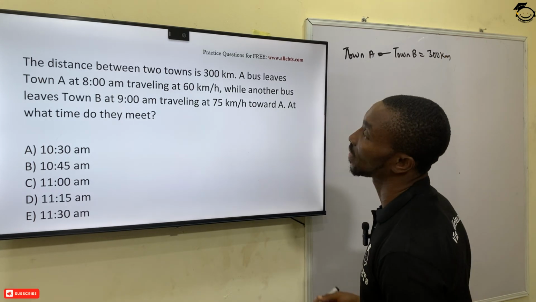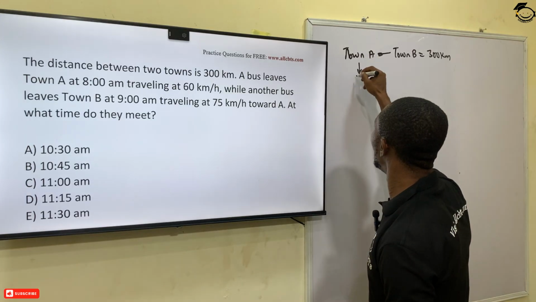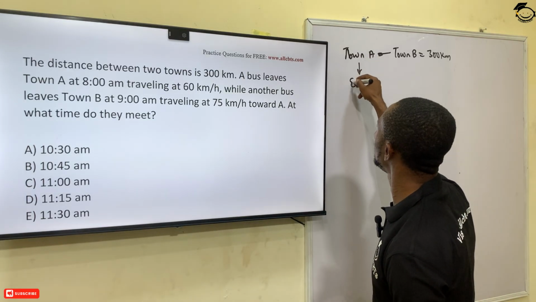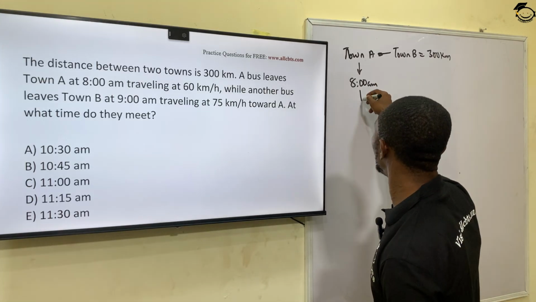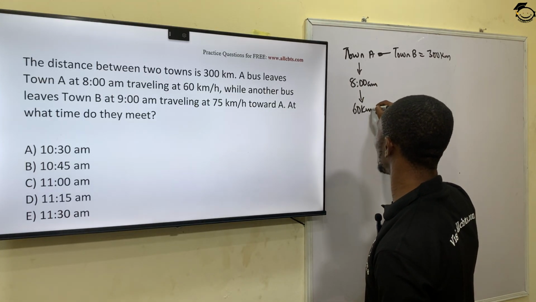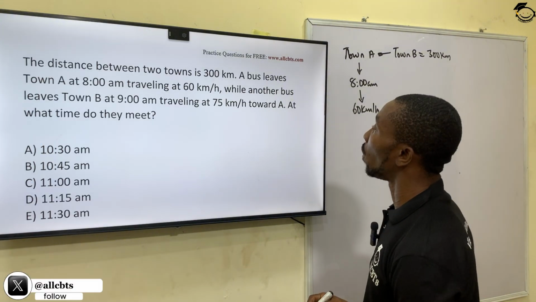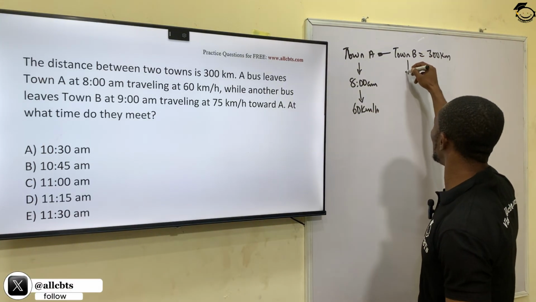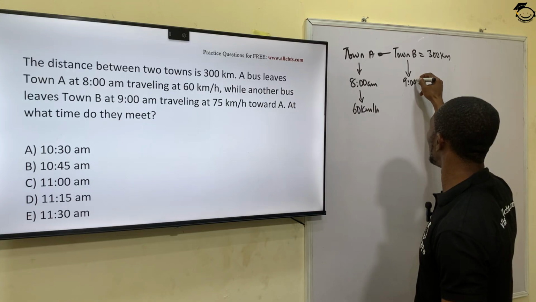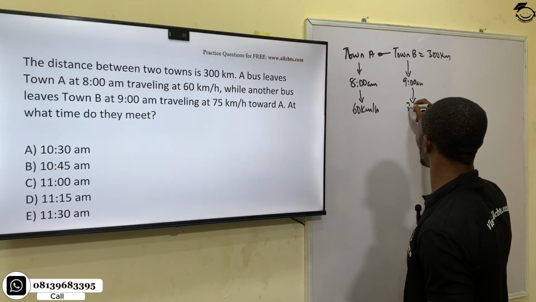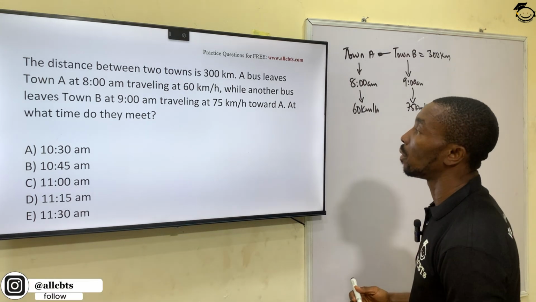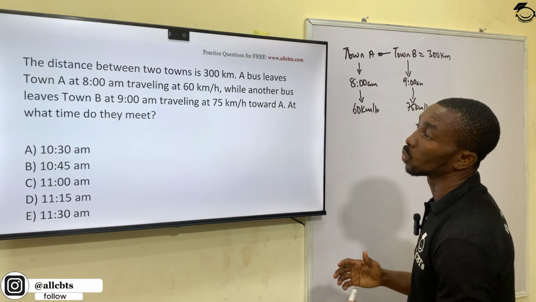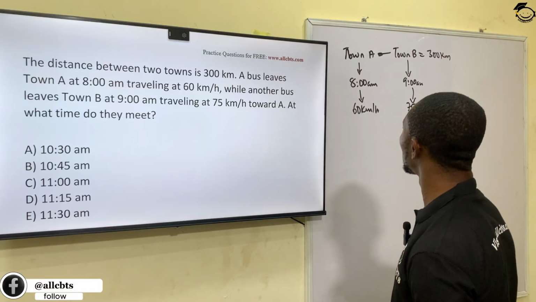A bus leaves town A at 8 a.m. to town B at 60 kilometers per hour, while another bus leaves town B at 9 a.m. at 75 kilometers per hour. Now, at what time would they meet?